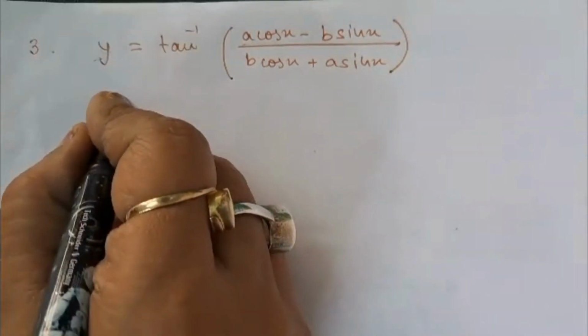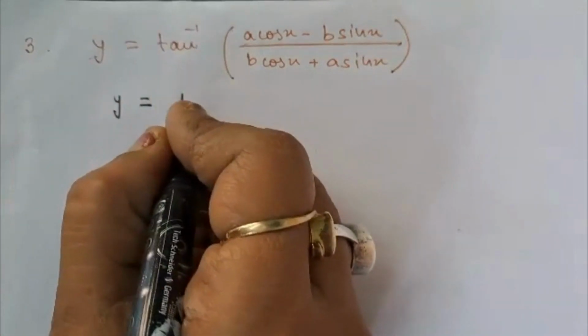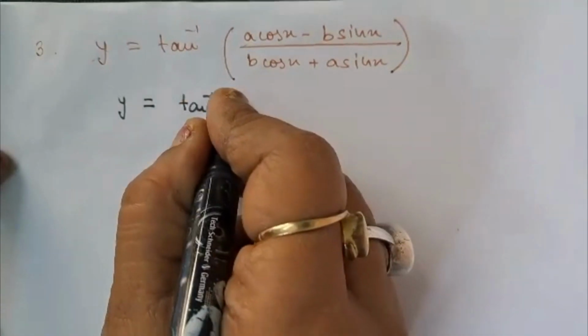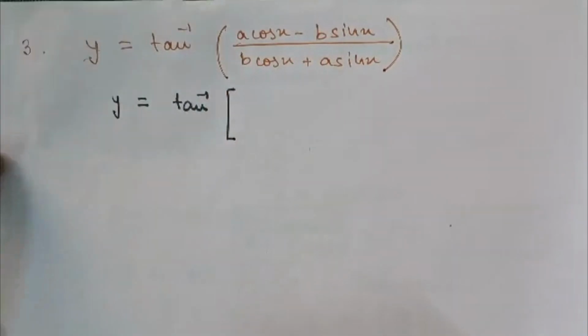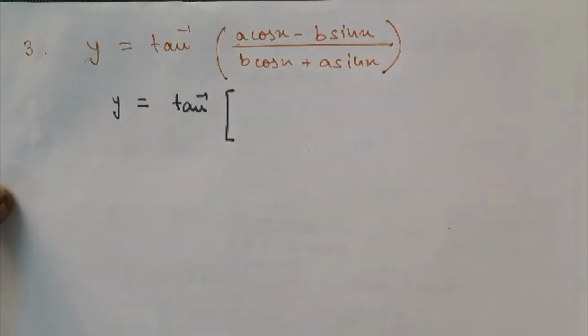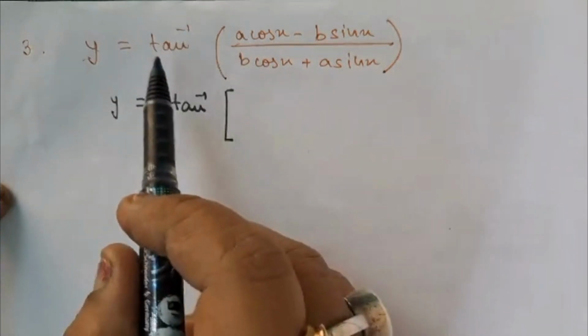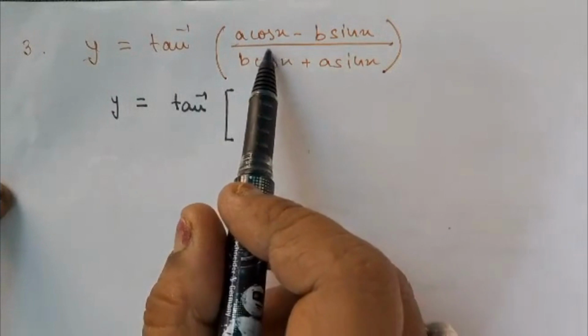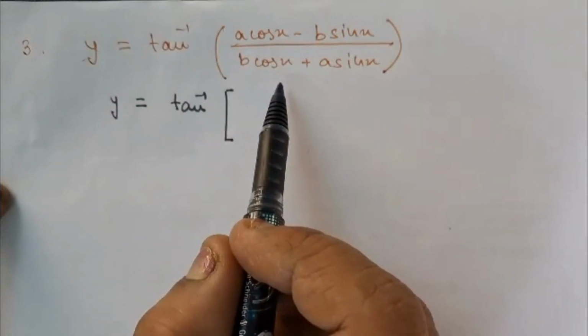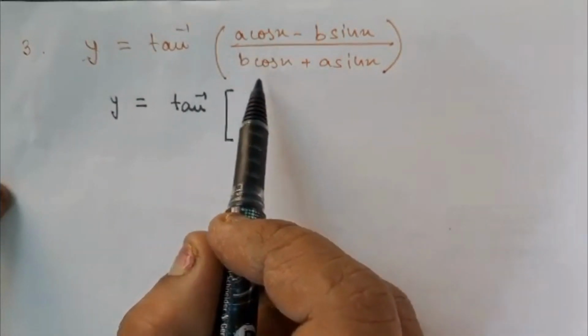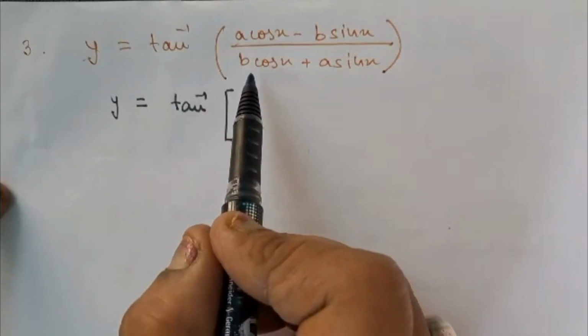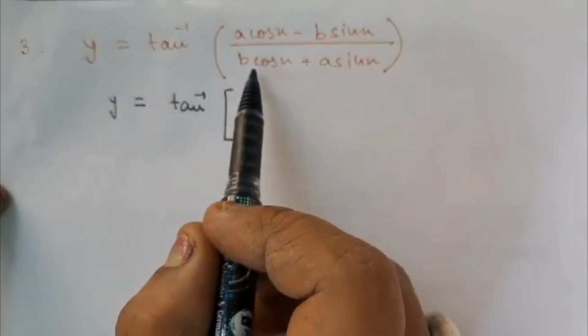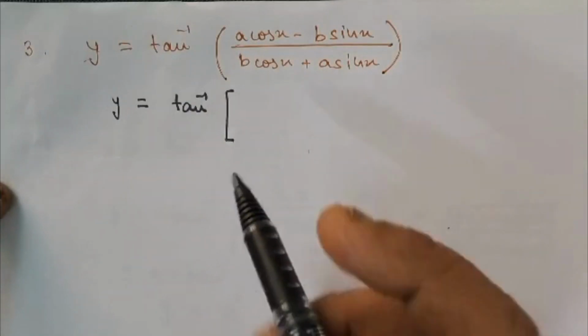What we will do is, y is equal to tan inverse of, I will divide the numerator and the denominator by b cos x. Now always in the case of tan inverse, we try to keep this as 1. So whatever is here, we divide by that value. So I am dividing the numerator and the denominator by b cos x.